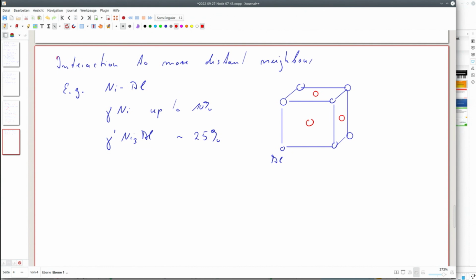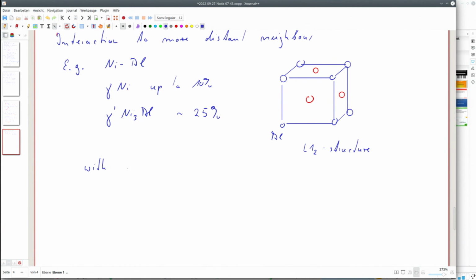Like this. If you consider only nearest neighbor interaction, you get nice ordering, except, so it's only first neighbor.